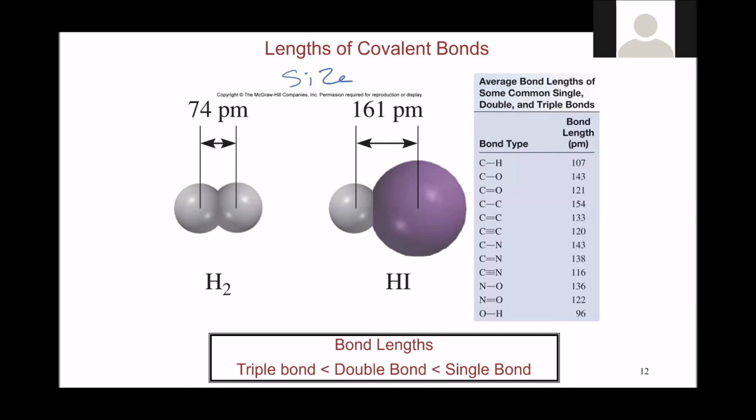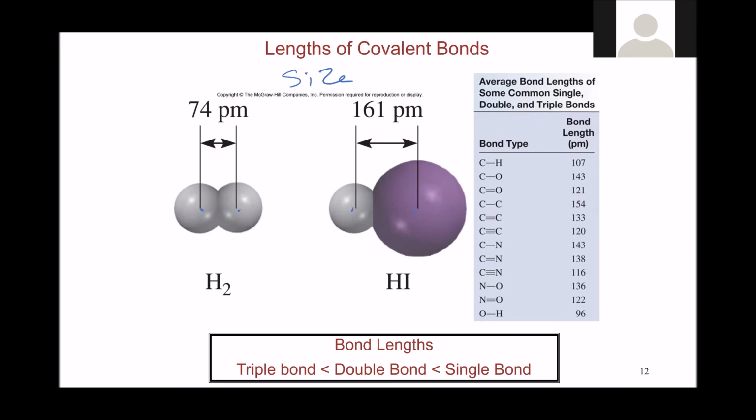So of course, when you think about the bond between 2 hydrogen atoms, it's gonna be significantly smaller than the bond between a hydrogen and an iodine, because iodine is significantly larger to start with. So that will make the distance between the nuclei significantly larger. So that's the first parameter here.